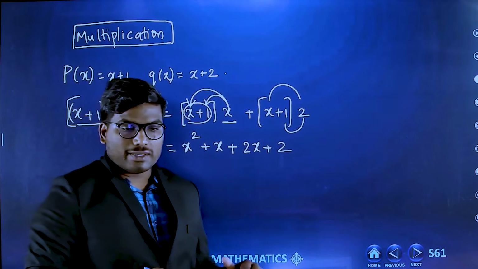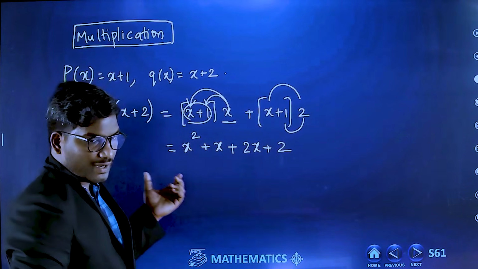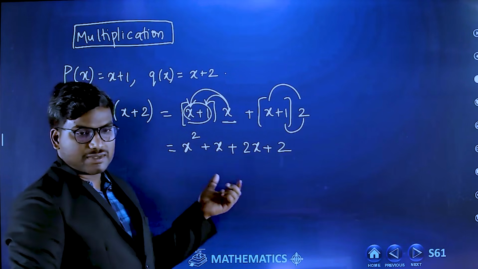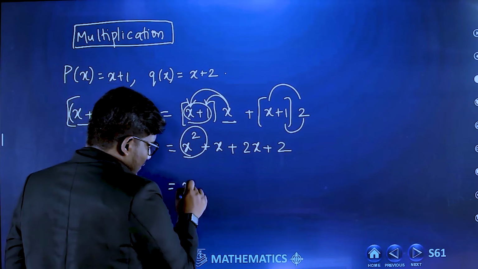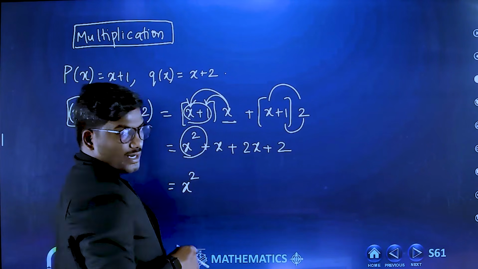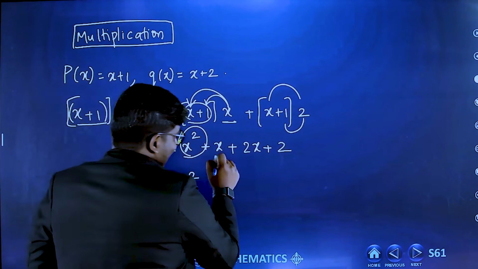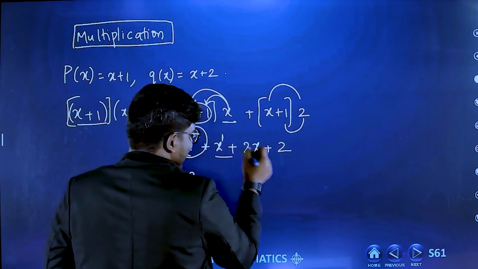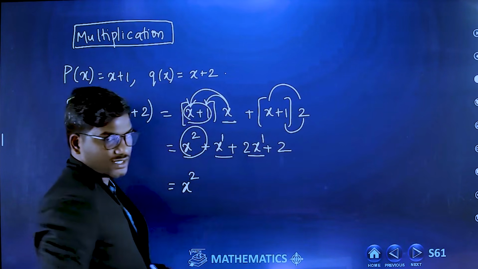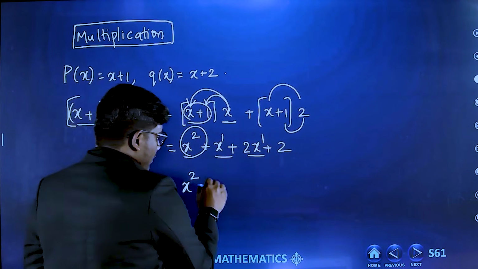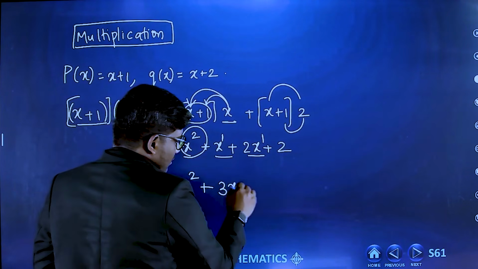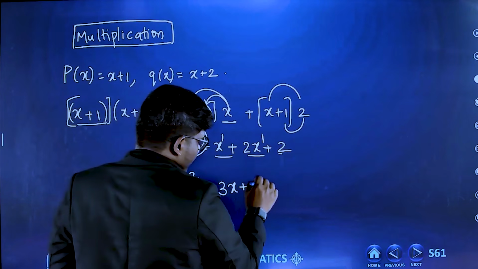Now our job is to understand if there are any like terms in here. X square is by itself, there is no like term apart from x square. X and 2x, this is x raised to the power 1 and this is 2x raised to the power 1. X plus 2x will be 3x and then 2.